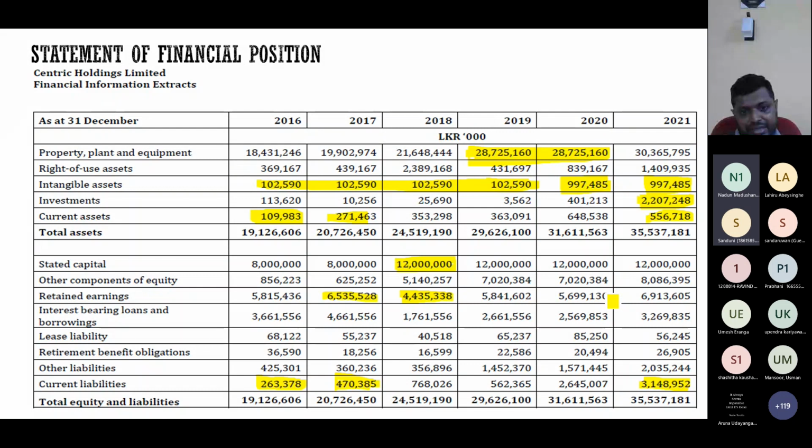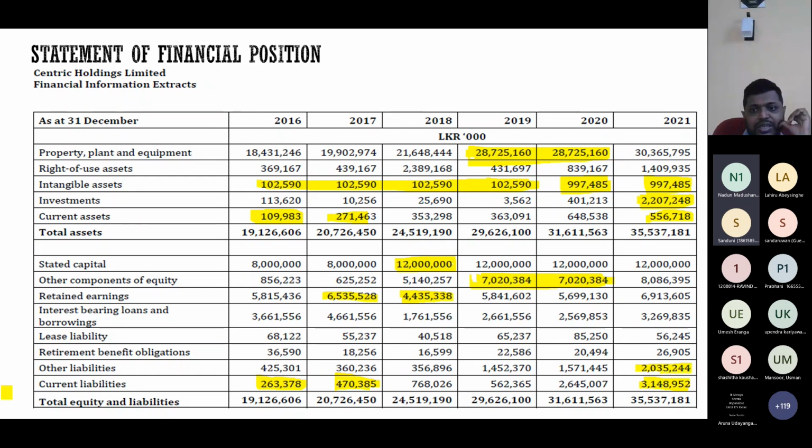Then interest bearing borrowings. This one also highlighted. This one. A retirement benefit obligation, it will change over the period, but it has not much significant changes. And other liabilities, remember, the liabilities also grew from 425,000 to this much.